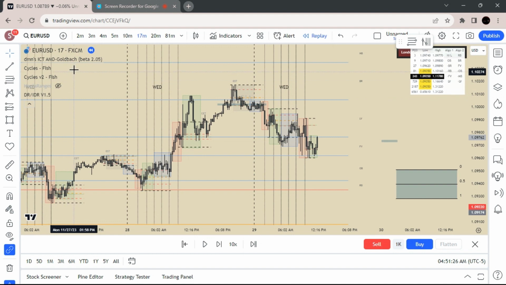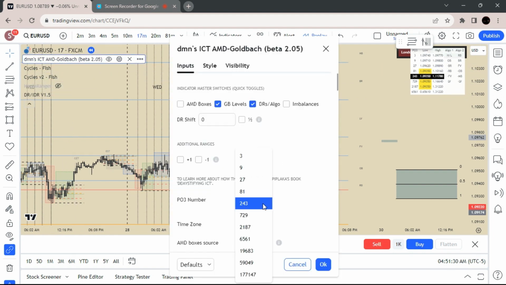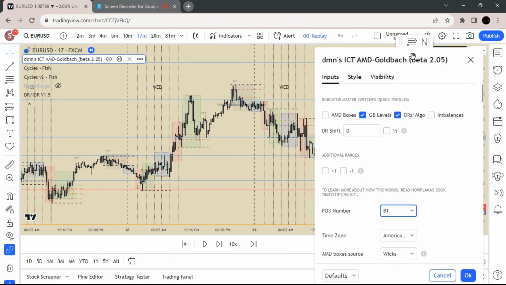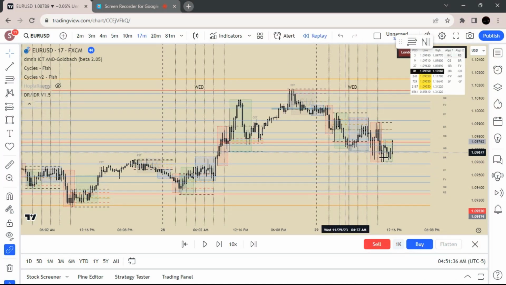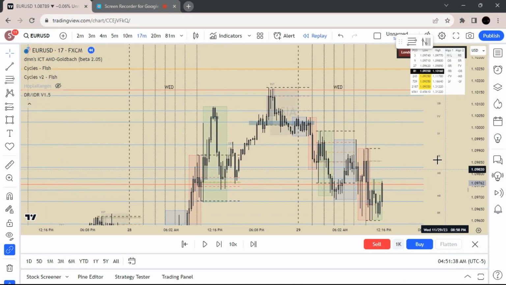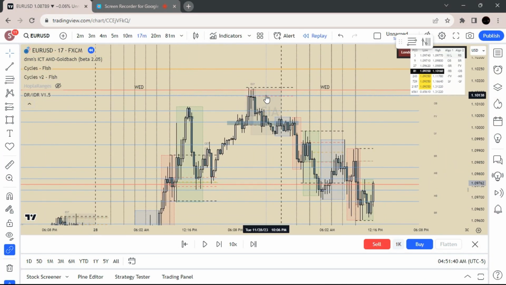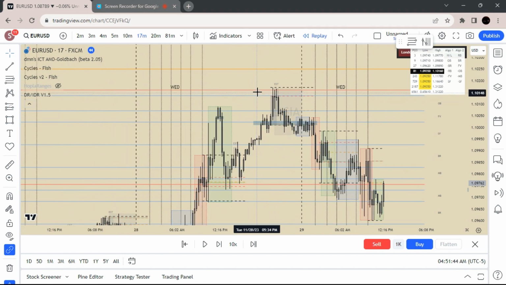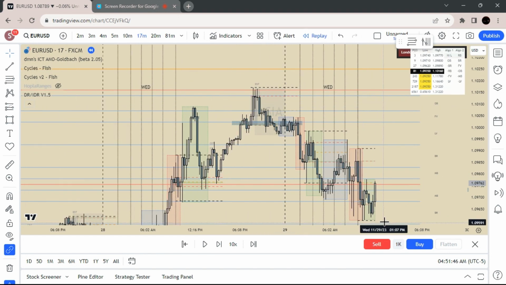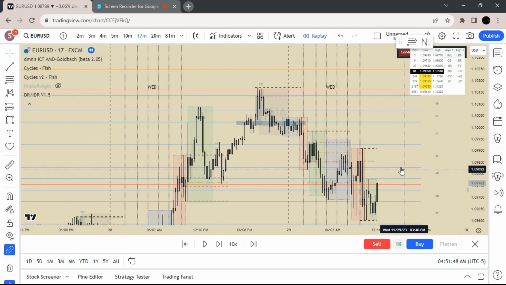Probably must have been GU then. Let me see here. Yeah, okay, right here. It was the 81 range. See how the 81 range had perfectly rejected that high? This was Tuesday night for Asia, and then there was just a downside expansion afterwards.